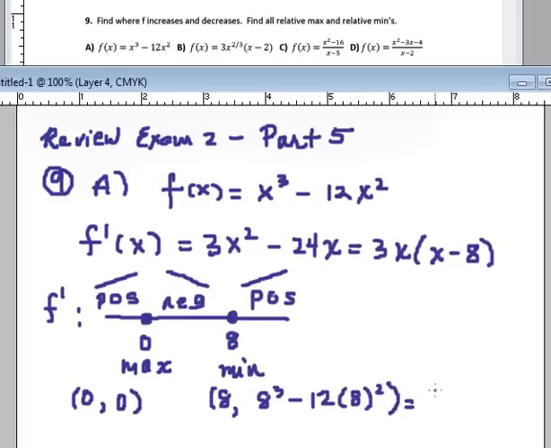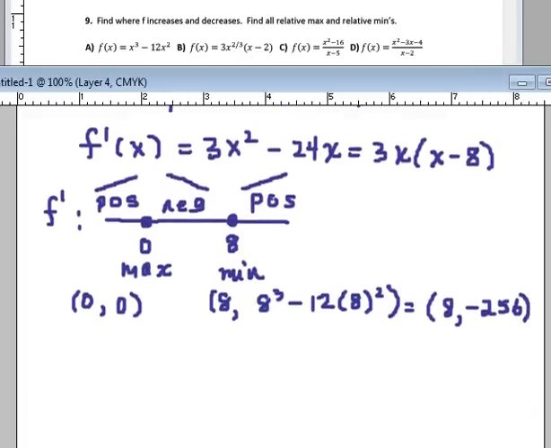Alright, and that's going to be a relative min. And that's at, let's see, just a second. That's at 8 and minus 256. Alright, so let's go on to B.